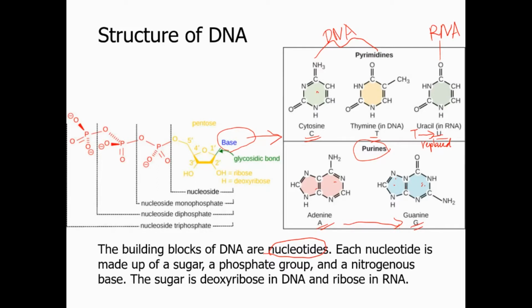And the second one is the sugar, and specifically it's pentose. Remember, this means 5, right? So you have 5 carbon atoms in the sugar, so that's why we call it pentose. There's a difference in terms of the composition in the sugar for RNA and DNA. So if you have a DNA, while everything is in this 2' location, if you do not have the oxygen atom, you have deoxyribose, and that's what you will find in DNA, right?